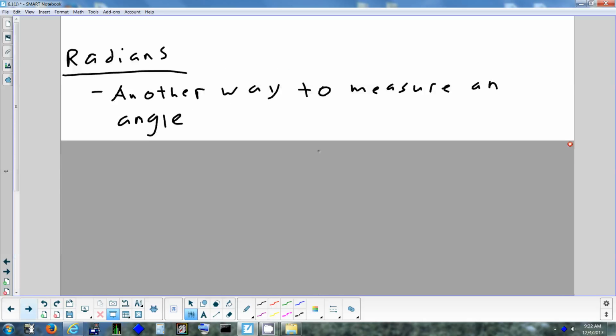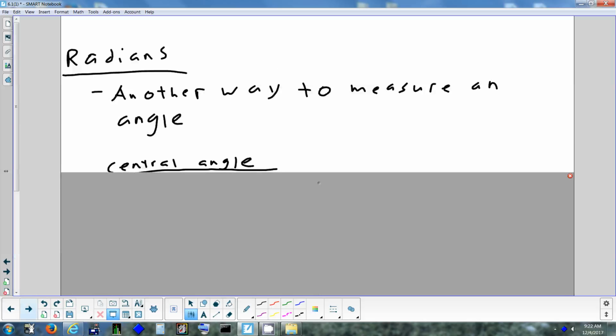So earlier I said to you that there's another way to measure angles, and that other way is radians. The first thing I'm going to do is start off by showing you something more geometric, less numeric based, something that's more of a picture of a radian.